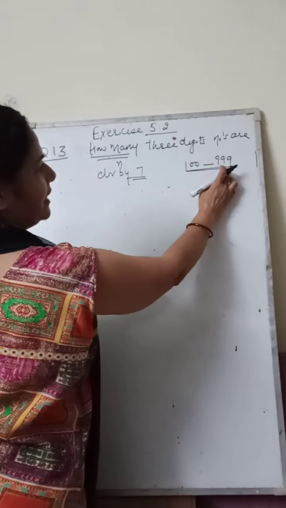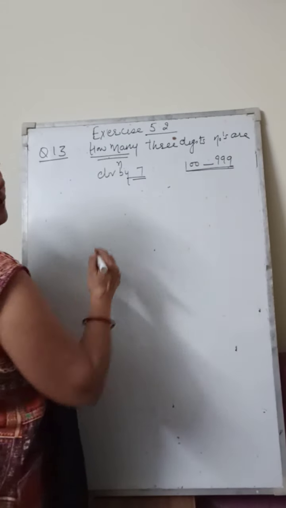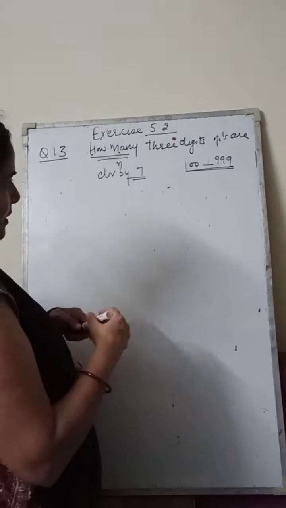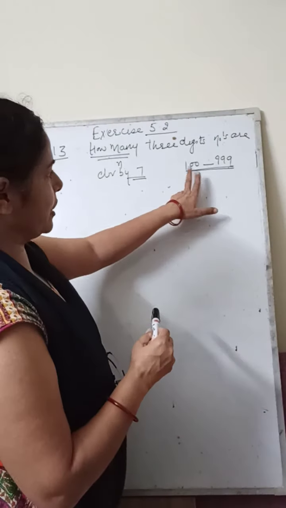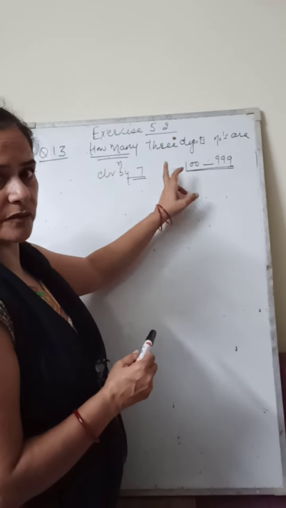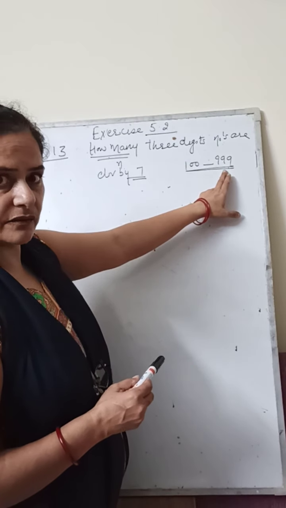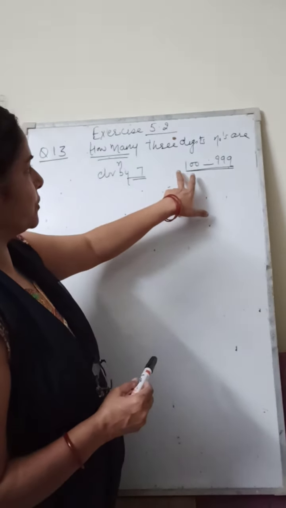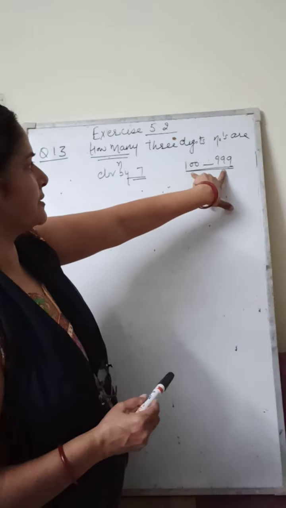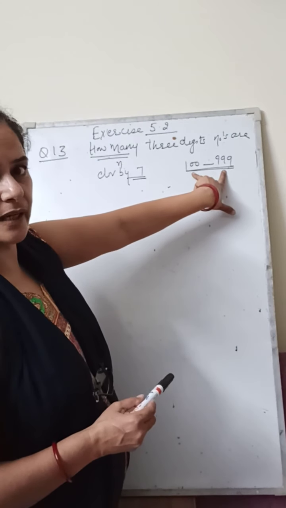From 100 to 999, 3-digit numbers vary. Below 100 we have 99, which is 2-digit, and above 999 we have 1000, which is 4-digit. So the 3-digit number range is from 100 to 999.